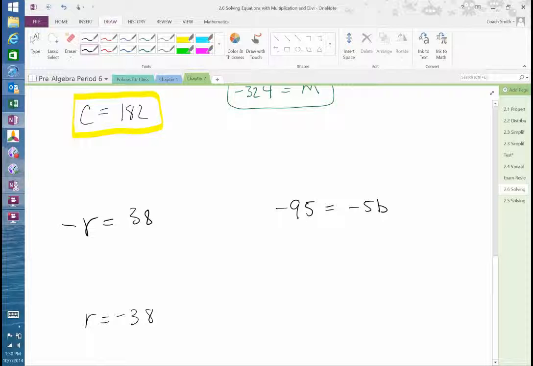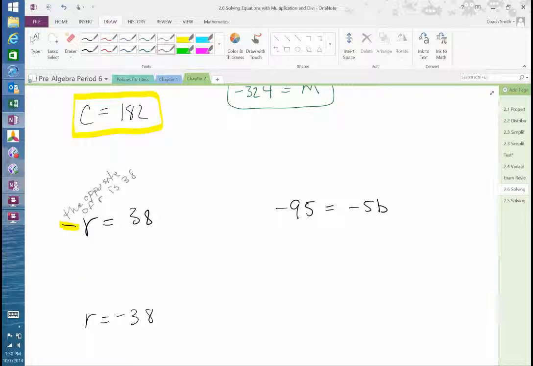The reason why is that this says the opposite of R is 38, so R has to be negative 38.